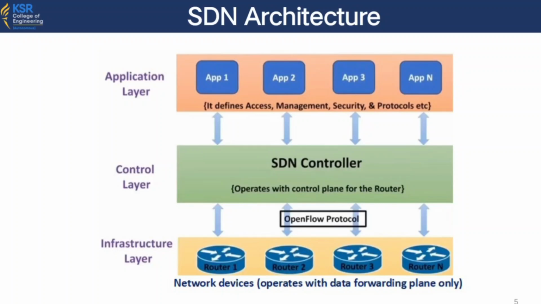Even so, there is an open protocol available for this in networking. So over these interconnections, that is the OpenFlow protocol, the controller gives commands to all the routers regarding routing. That is the basic architecture of SDN networking.